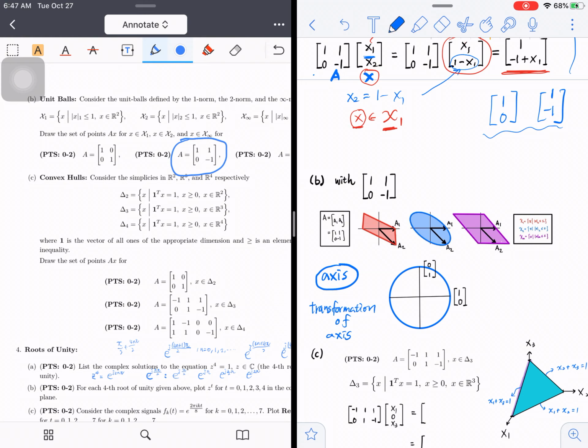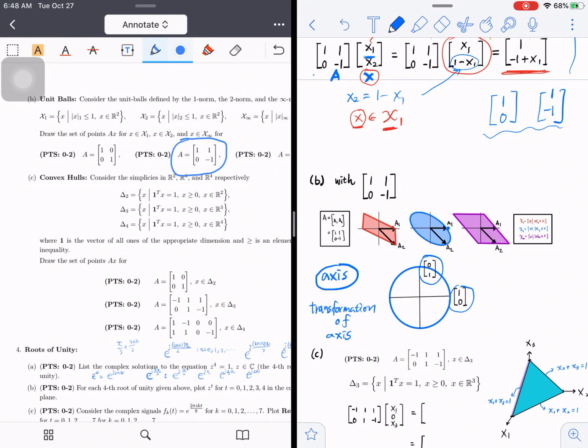So how to do this? For example, if I want to focus on the circle, then we know that the circle has two axes. One is (1, 0), the other is (0, 1).